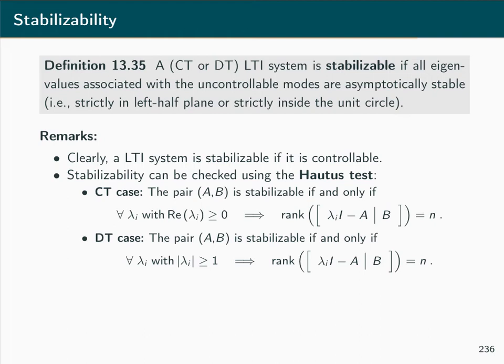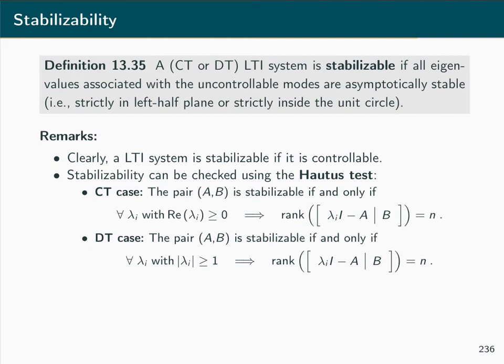In the continuous time case, the pair (A, B) is stabilizable if and only if for every eigenvalue lambda i which is not asymptotically stable, we have that the rank of this matrix involving the eigenvalue lambda i must be equal to n.